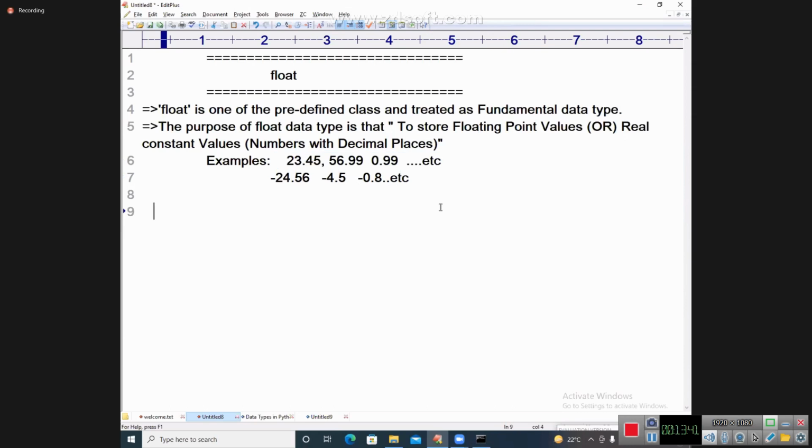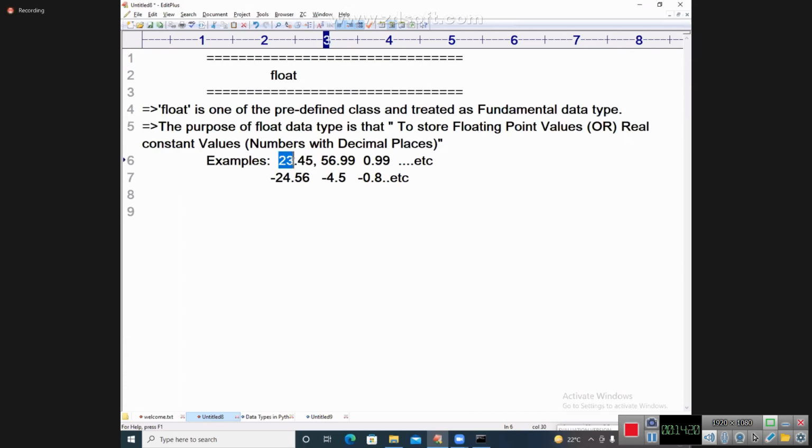Suppose I want to calculate 22 by 7. You will be getting 3.14. Here 3 is called the integer part and 14 is called the decimal part. Integer part plus decimal part. In 23.45, 23 is called integer data and 45 is called floating point data, decimal data.